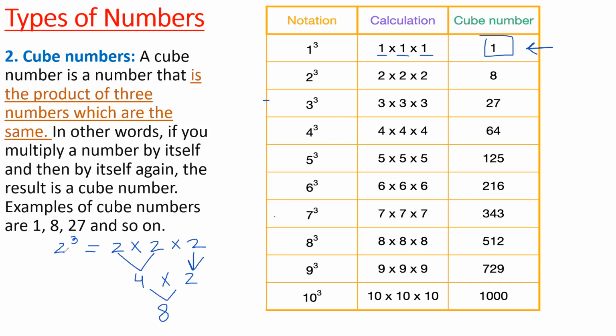Do not think that 2 cubed is 6. 2 cubed is not 2 times 3. 2 cubed is 2 times 2 times 2. Understand that? Again, 2 cubed is 2 times 2 times 2, which is not 6, it's 8. So 2 cubed is 8.